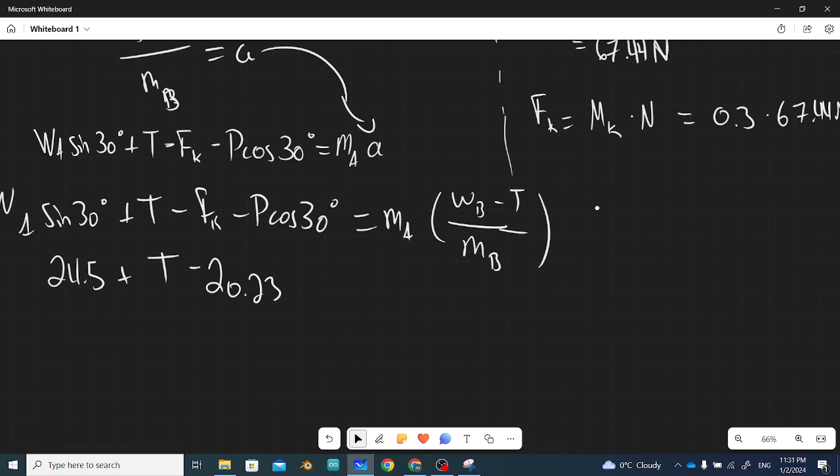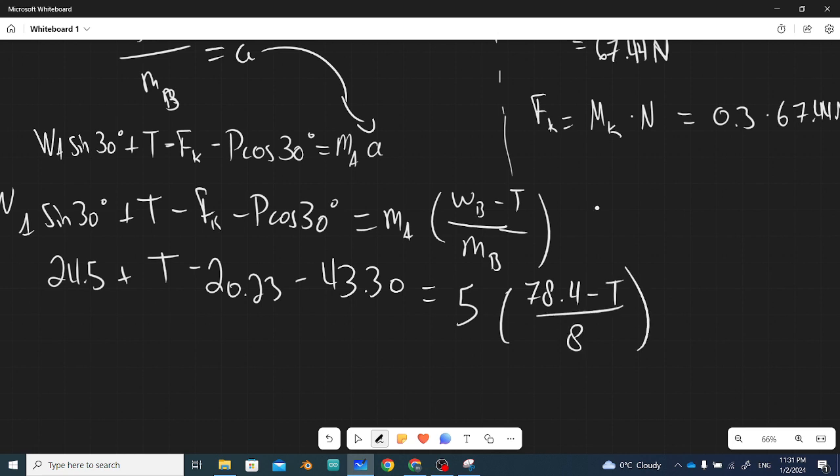And then that's 50 times cosine of 30, so that's minus 43.30. And that is equal to mass of A, which is 5, times weight of B, which is 8 times 9.8, so that's 78.4 minus T over 8, the mass of B.